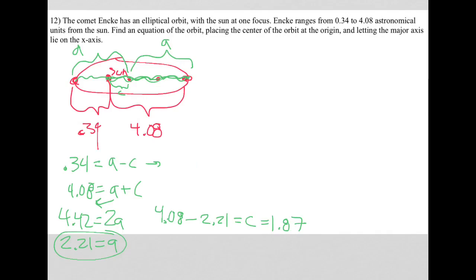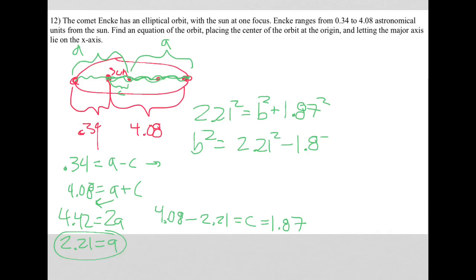And again, now I can say 2.21 squared, my A squared, equals B squared plus my C squared, 1.87 squared. So B squared is going to equal 2.21 squared minus 1.87 squared, which is 1.3872.